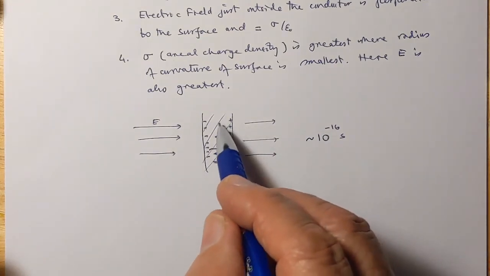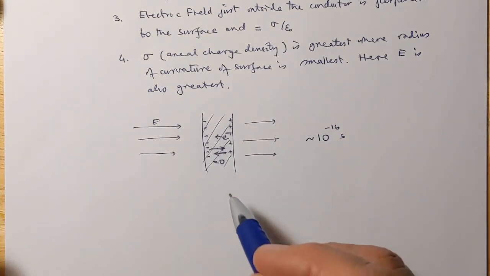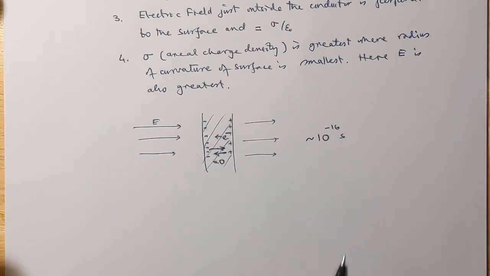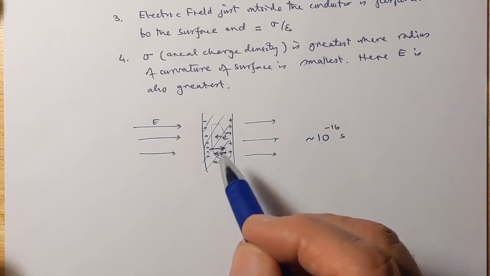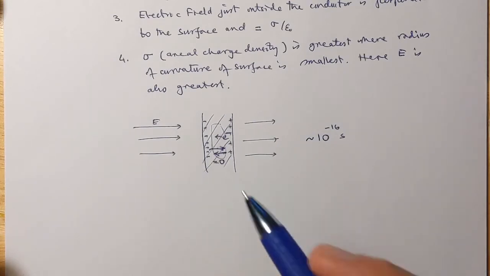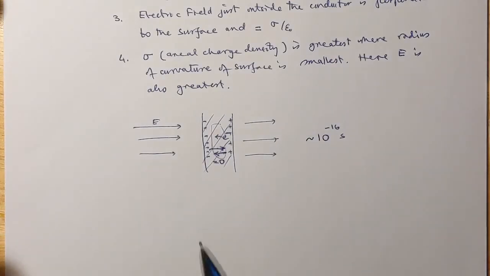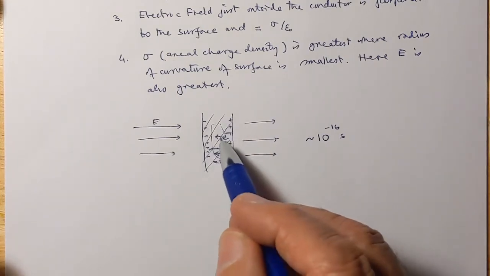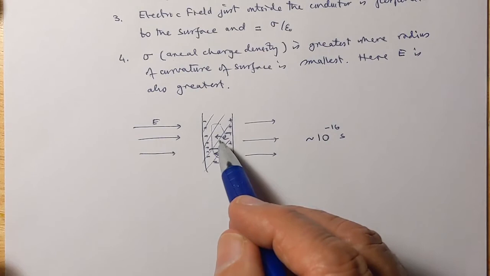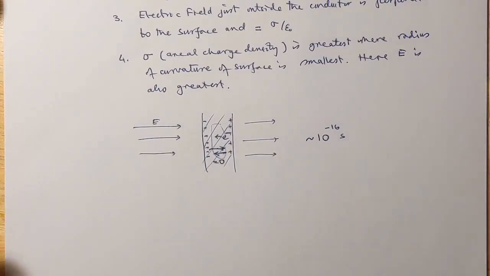This is true whether it's a solid conductor or hollow. Even if there's an air gap or an air bubble inside, or it's a metallic container with only a shell and it's empty inside, the electric field will still be zero inside it.